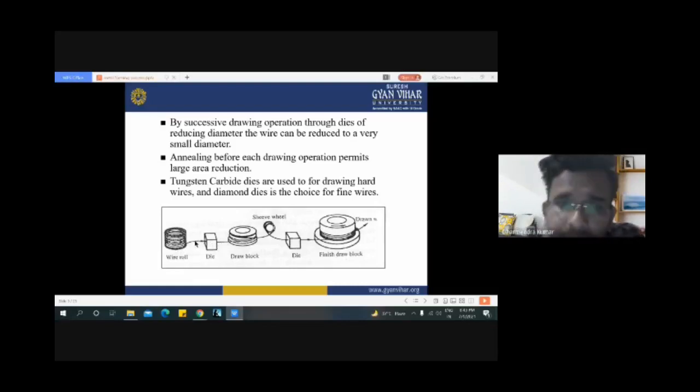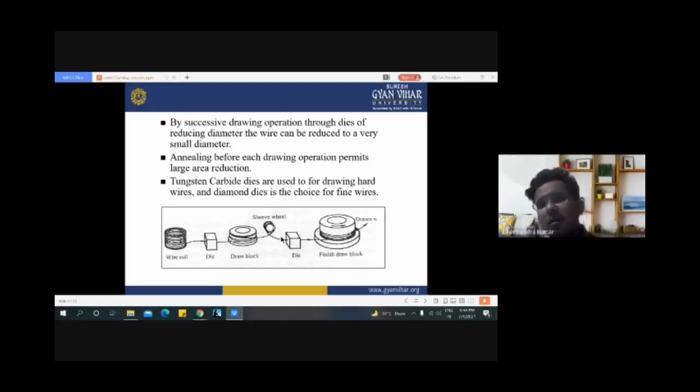Means if this wire has a diameter of 6, then probably it is reduced to a diameter of 4, and this is the wire with diameter of 4. Then we use a sleeve wheel for going smoothly, and another die is used for reducing again the diameter of that wire.